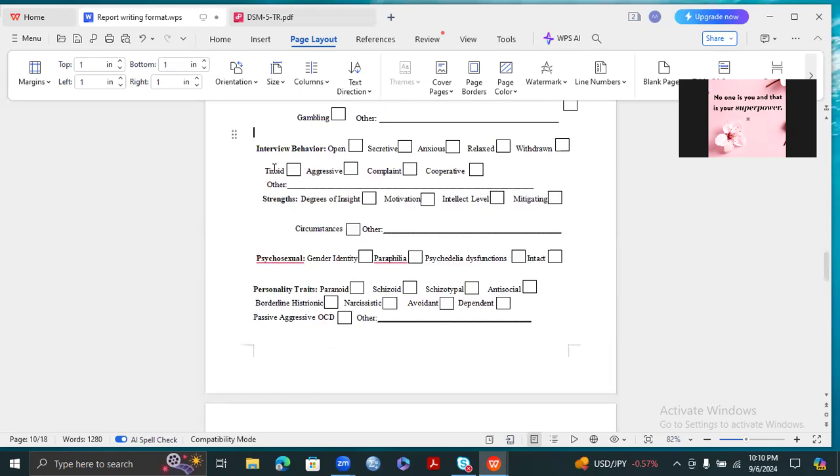So you have to make sure to understand if the client is having some kind of open interview behavior towards you, or whether it's secretive in the initial sessions, or he was so anxious to talk about it, or he was relaxed or withdrawn. All right, withdrawn means the patient is talking to some extent, but after a certain period of time, after certain remarks, he just backs off and doesn't want to talk anymore. So that means he's withdrawing, right?